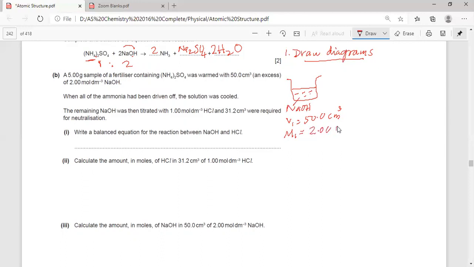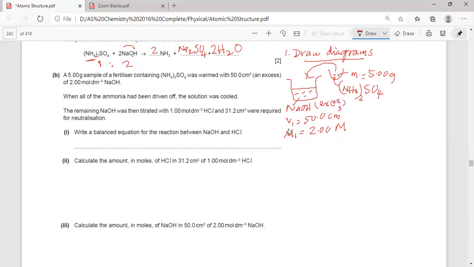Here you put a container, which is your ammonium sulfate. Everything labeled so you can see your drawing. A picture paints a thousand words. The mass is 5.00 grams. You put it inside. Remember, this will be in excess.